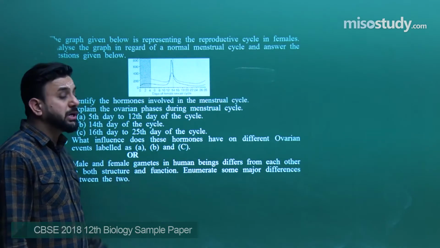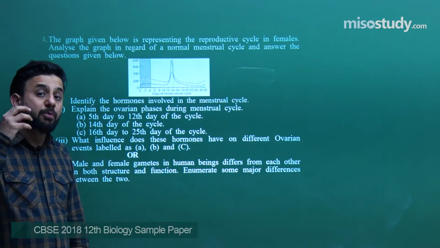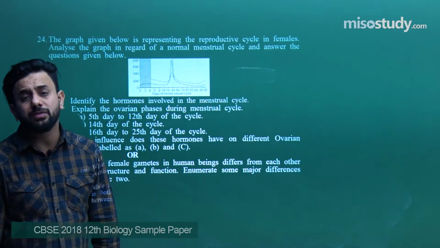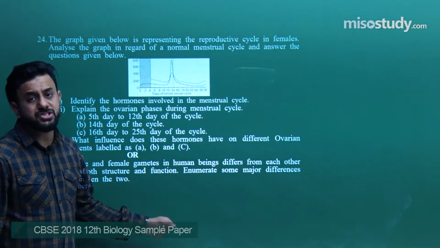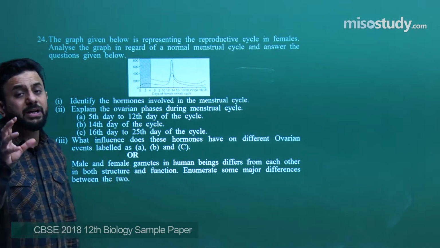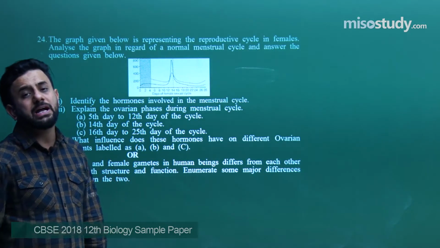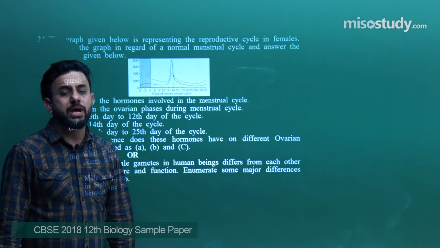What was estrogen doing? Estrogen was proliferating the endometrium lining of the uterus. And what is progesterone doing? Progesterone is maintaining that endometrium lining. Okay?